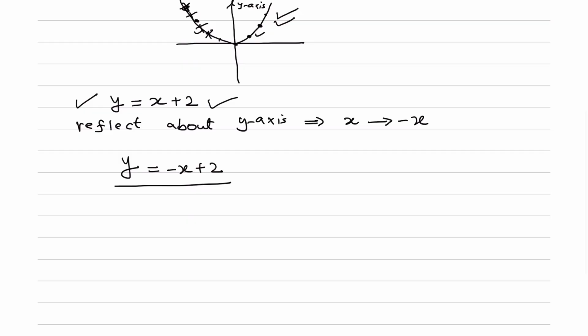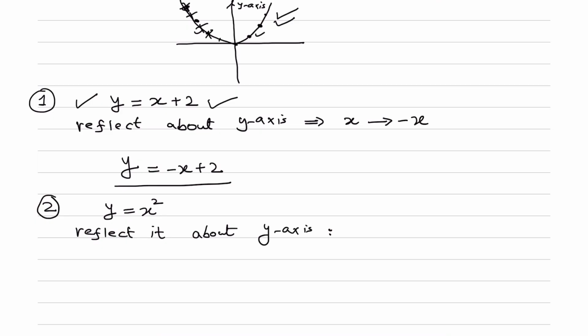And let's look at another example for reflection of a graph about y-axis. Let's say we have a graph y equal to x square and we want to reflect it about y-axis.